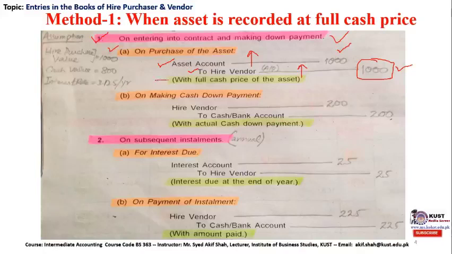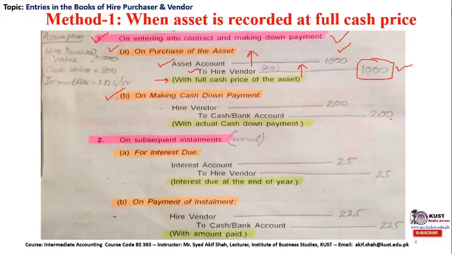And then at the end of each journal entry, one is required to put a short, concise and precise narration regarding what has happened in the above two entries. So the same has been written for the explanation with full cash price of the assets. Subsequently, the hire purchaser is required to make another entry for the down payment made for this installment agreement.